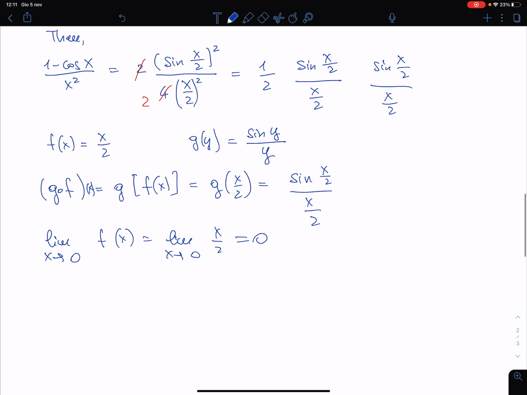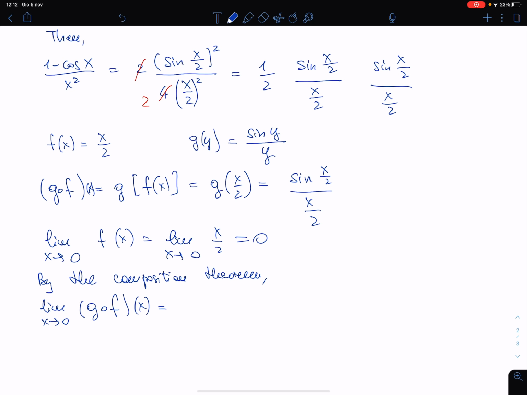So by the composition theorem, the limit for x going to 0 of G composed f of x is equal to the limit for y going to 0 of G of y, which is equal to the limit for y going to 0 of sine of y divided by y. And we already studied that this is equal to 1.